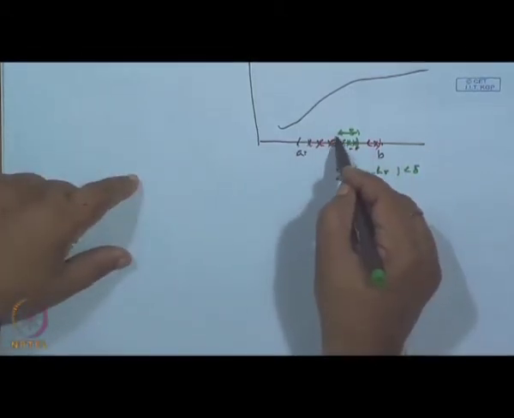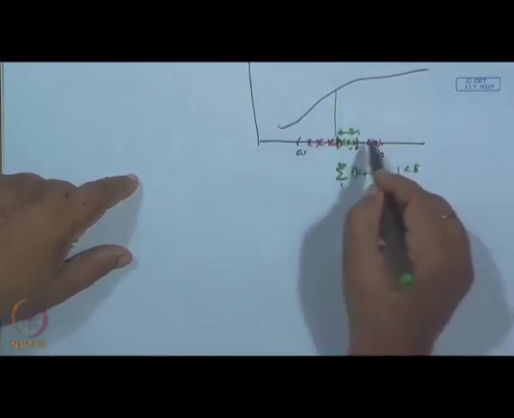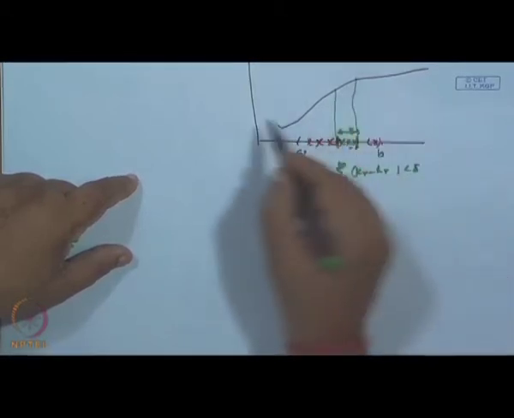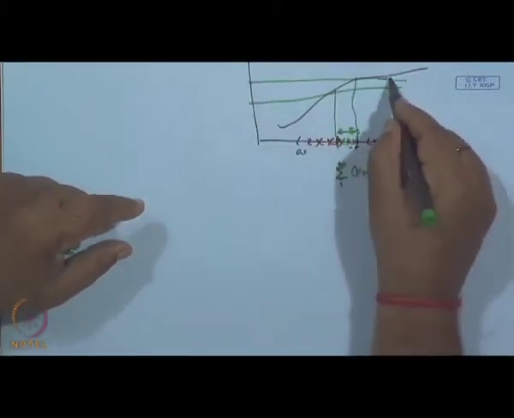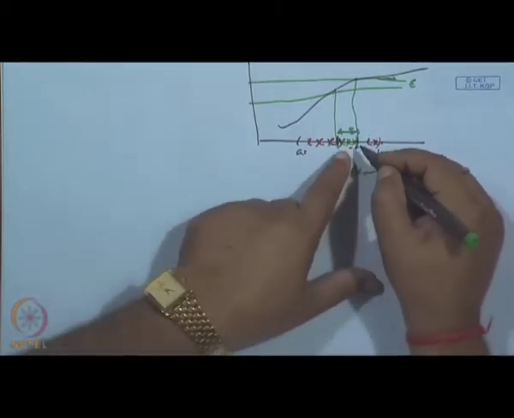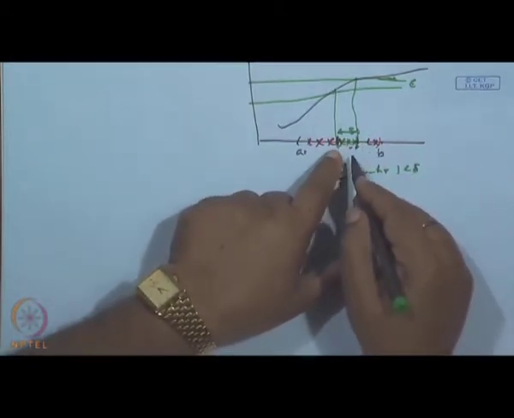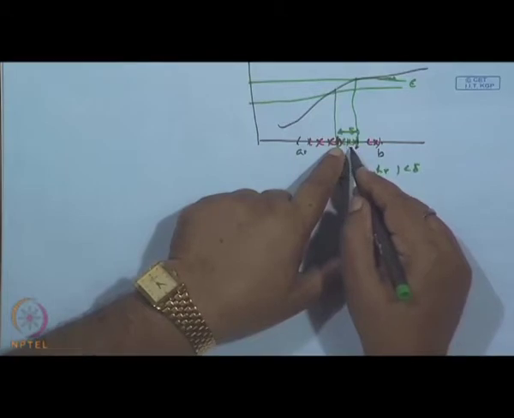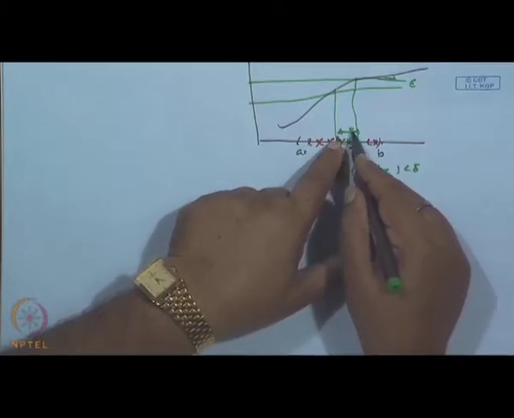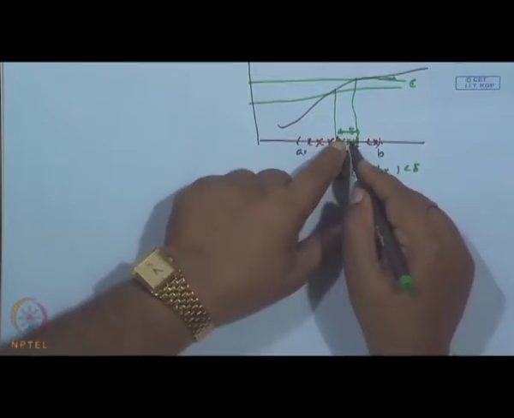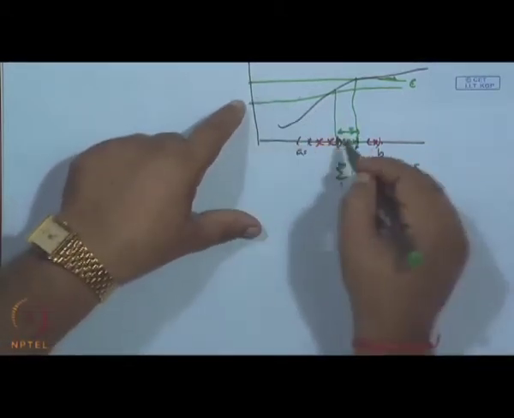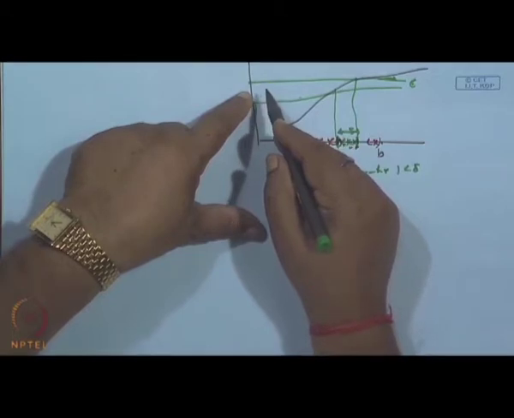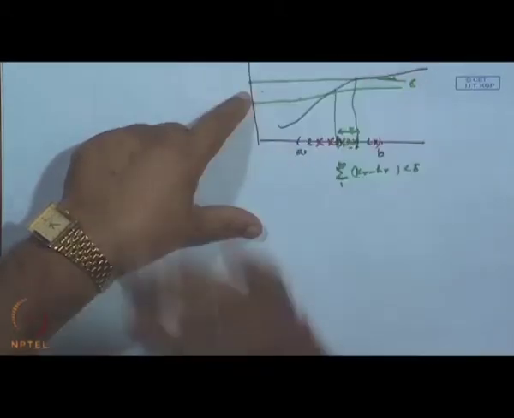So, for a given epsilon, we can find a delta such that whenever we have countably many non-overlapping intervals of total length less than delta, the total fluctuation over these sub-intervals should not exceed epsilon.